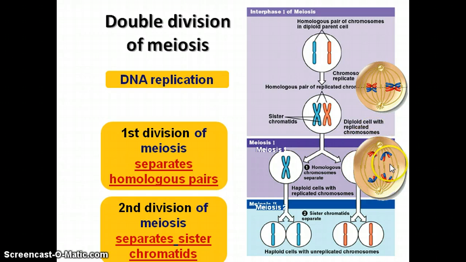If our original cell had 4 instead of 2 chromosomes, you would see these are homologous pairs and these are homologous pairs, and they're being separated here. One of this set ends up in one cell and one of this set ends up in the other cell. Then the purpose of the second division of meiosis is to divide up the sister chromatids. Here we have a set of sister chromatids and we want to separate those out. These are the 4 daughter cells or gametes that we end up with at the end of meiosis.